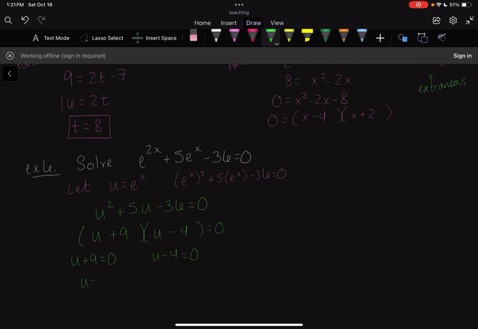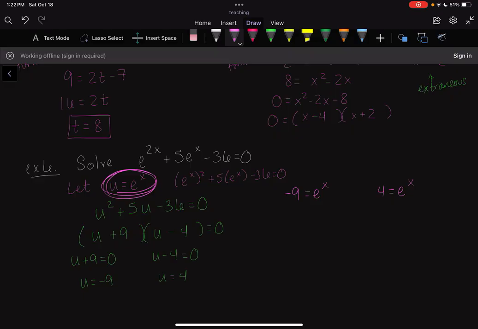So I get u equals negative 9 and u equals 4. But be careful, I don't want u, right? I want x. So I have to plug it back in to this. So I have negative 9 equals e to the x, and I have 4 equals e to the x.